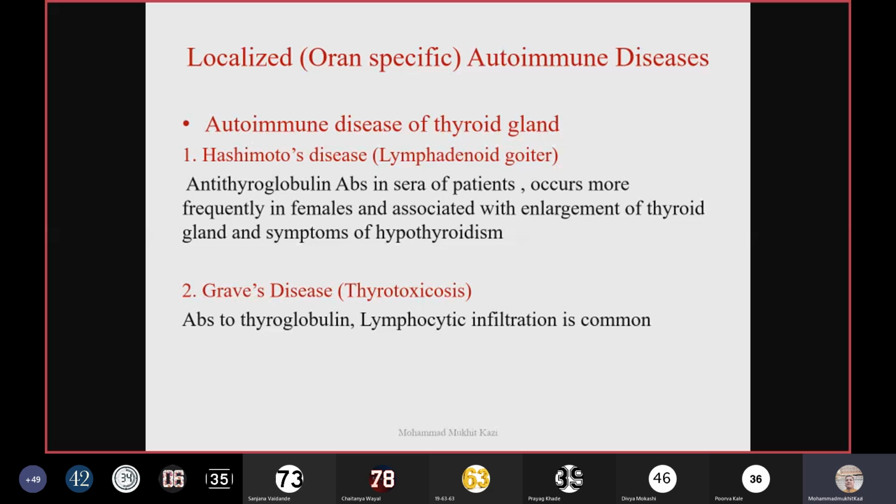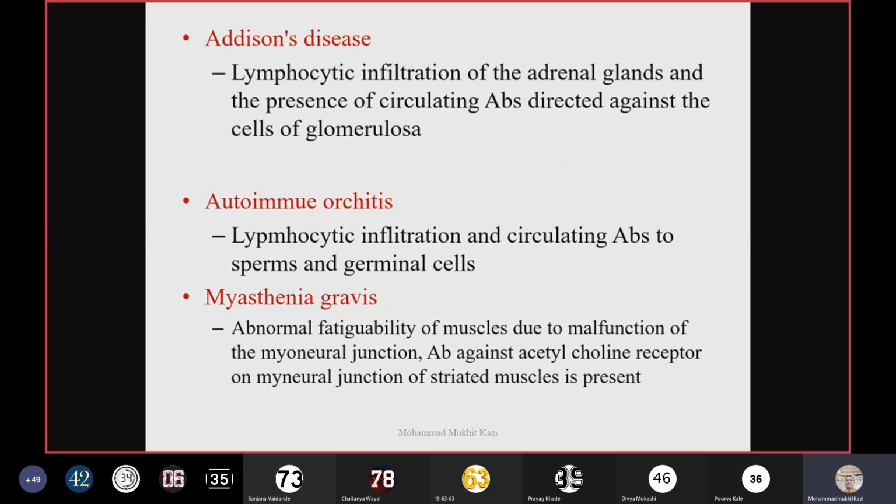The second one is Graves' disease, thyrotoxicosis. In Graves' disease, there are antibodies to the thyroglobulin, and lymphocytic infiltration is common. In this thyroglobulin, the lymphocytes are responsible for Graves' disease.